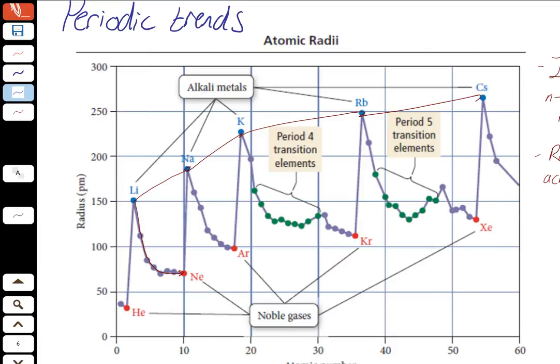So there's a little bit of weirdness going in, and then that tends to increase as you go down the periodic table. But the general trends that we see there, you should be able to recognize those trends and know those trends. You should be able to judge atomic size. But also you should be able to explain it using those ideas of effective nuclear charge that we just talked about.